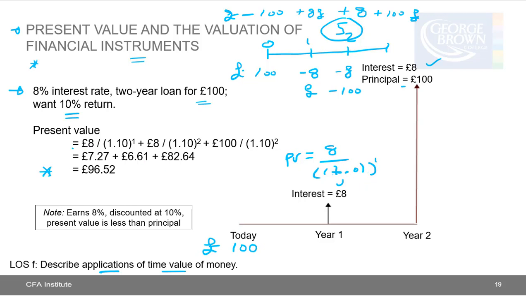So you can see £8 divided by 1.1, plus the present value of the second interest payment, which is £8 divided by 1.1 to the power of 2, plus the present value of the principal being repaid, which is £100 divided by 1.1, also to the power of 2 because it's at the end of 2 years. And we can see that the valuation of that loan using a 10% return or a 10% discount rate is £96.52.